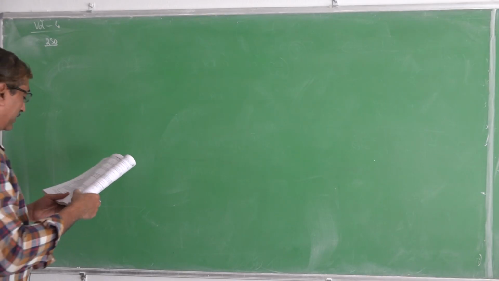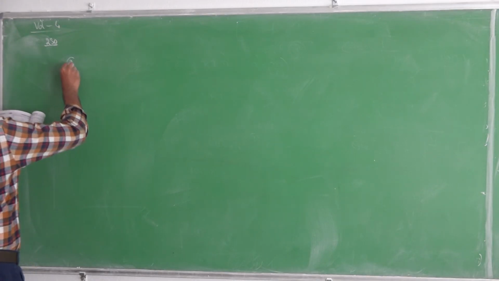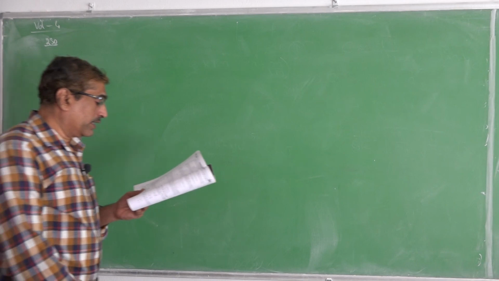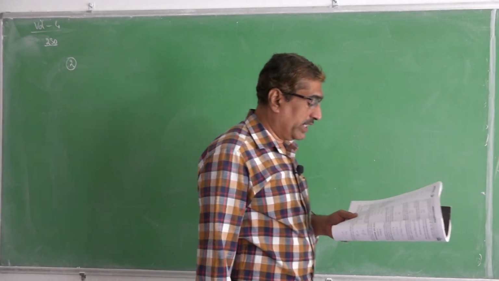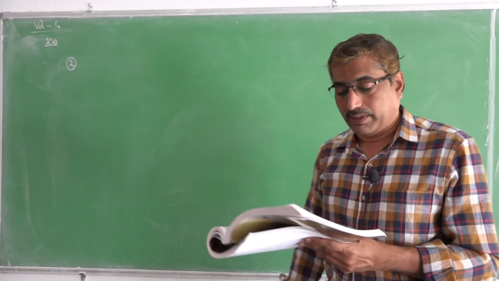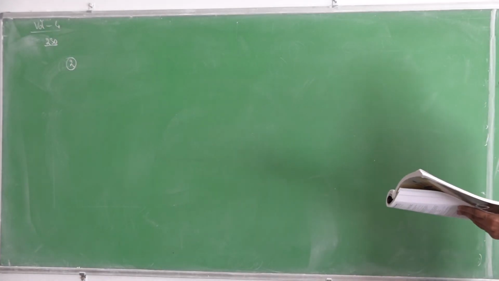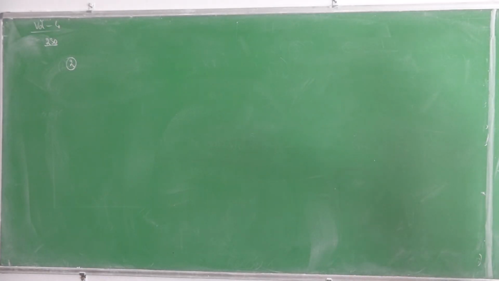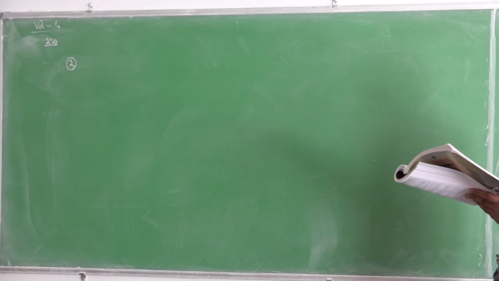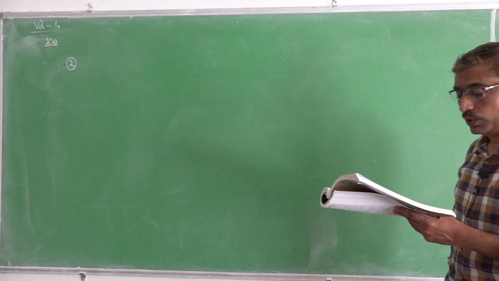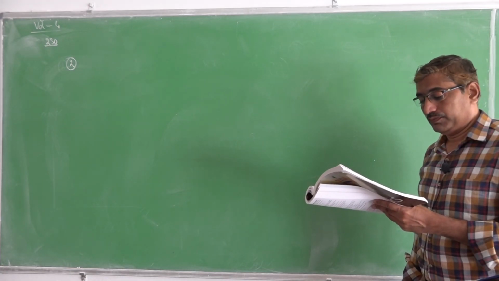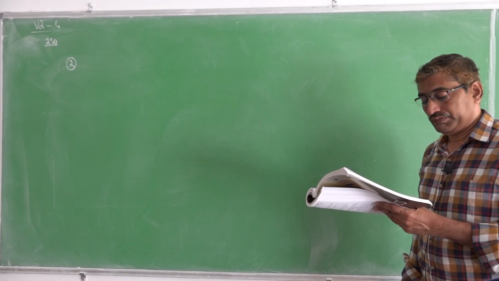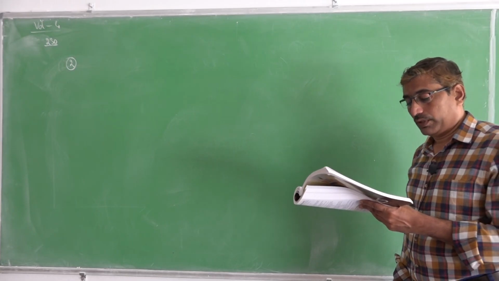Next one, second one. At what temperature does the average translational kinetic energy of a gas molecule become equal to the kinetic energy of an electron accelerated from rest through a potential difference of 1 volt? Okay.